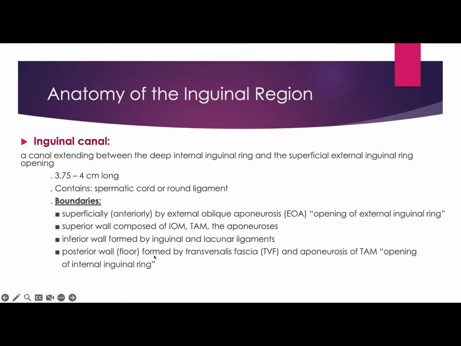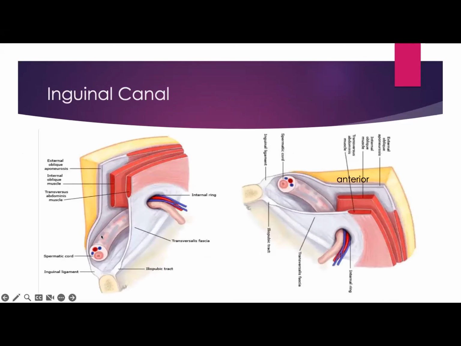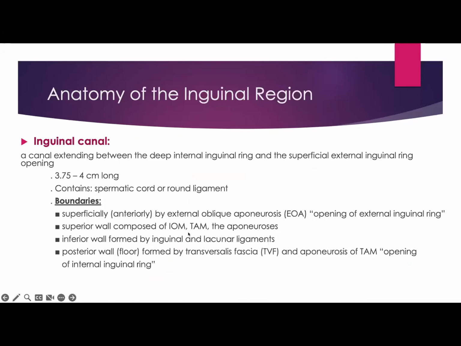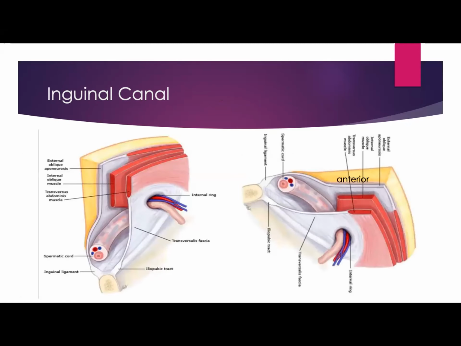The inferior wall is formed mainly by the inguinal ligament and the lacunar ligament to some extent. So this is the inferior part. Clear? Any questions? And the content of the inguinal canal is the spermatic cord or the round ligament. Okay.